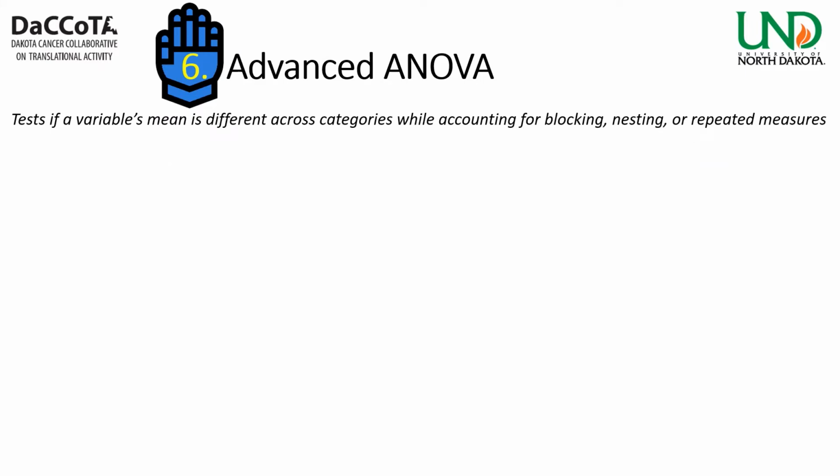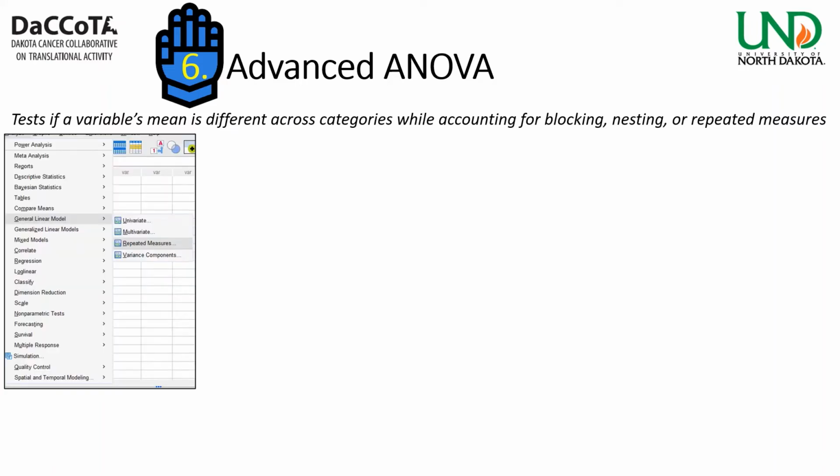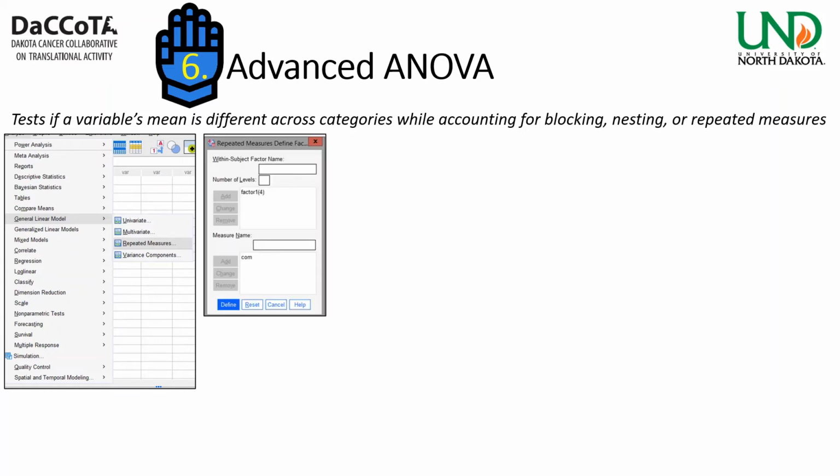Now then, let us turn to what I am calling advanced ANOVA, testing if a variable's mean is different across categories, just like a normal one-way ANOVA, but while accounting for things like blocking, nesting, or repeated measures. This can be done in a couple different ways. First of all, for the repeated measures, you can go to power analysis, general linear model, and then repeated measures. We've seen this before when we were doing some spaghetti plots.